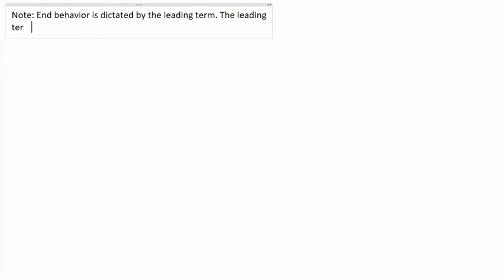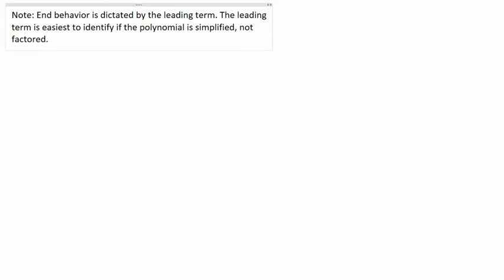First note, end behavior is dictated by the leading term. The leading term is easiest to identify if the polynomial is simplified, not factored.